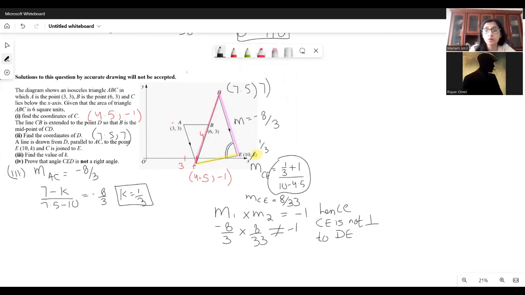And then you'll show that c square is not equal to a square plus b square. If it were a right angle triangle, then Pythagoras theorem would be applicable. But it won't be. That means that angle E is not a right angle. Okay? That is also one way of doing it, but it is a lot lengthier than what we did. You would have to find three distances and then apply Pythagoras theorem.